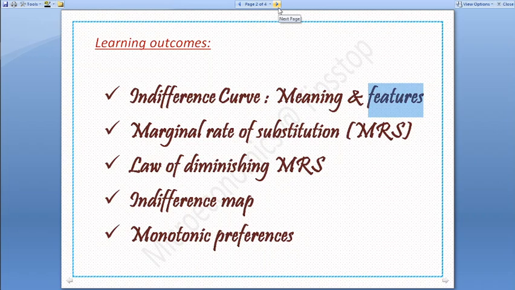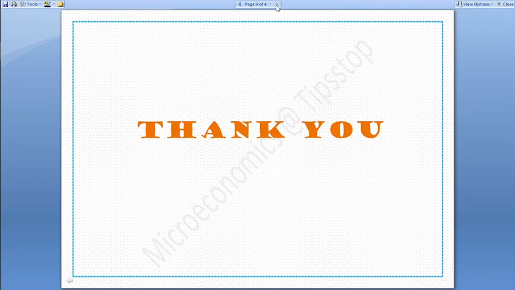But at the moment we learn the concept of the ordinal utility approach, where to study consumer behavior, we have to make use of indifference curves. From indifference curves, we learn about the diminishing MRS that leads to the convexity of the indifference curve. You learn about the indifference map, and you understand monotonic preference. But we'll continue with this. There is something more, so that we'll be able to conclude the explanation on consumer behavior.